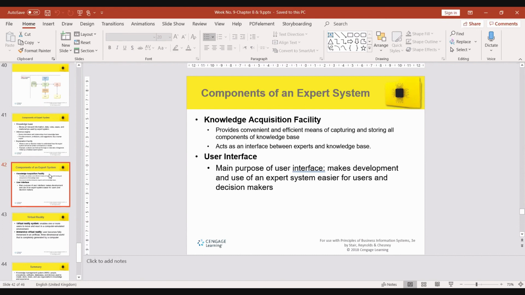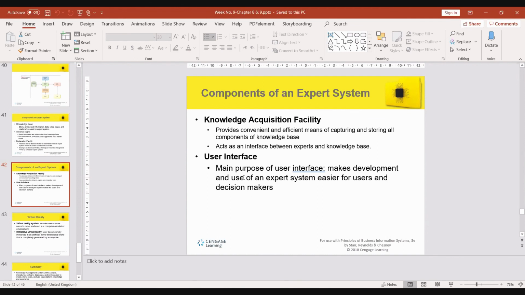The system can interact with all the doctors related to heart disease using some interface, grab the knowledge, and store it in the knowledge base. And then the user interface: for any system an interface is required to interact, so obviously the expert system also has a user interface.